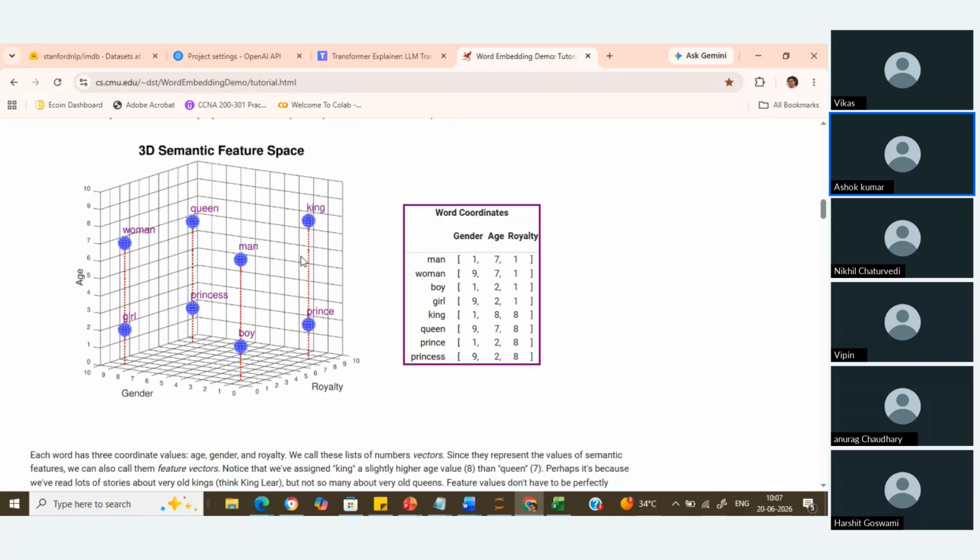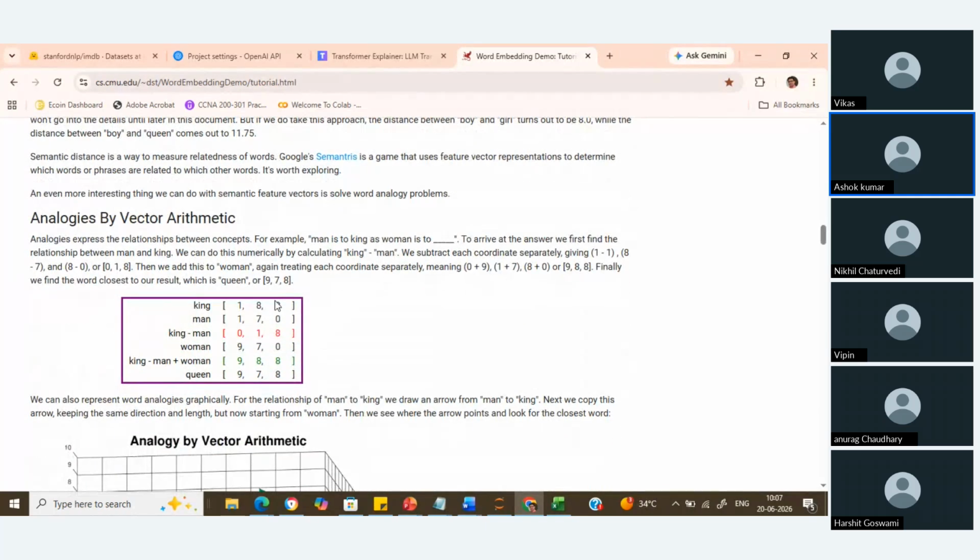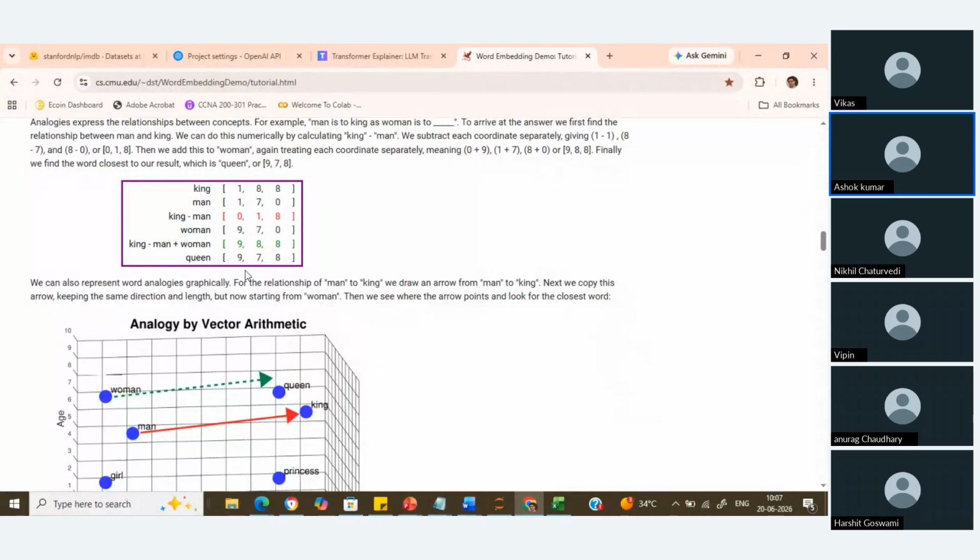If the things are there in multi-dimensional vector space, and I just need to calculate the distance, where something is added and something is deducted, then I will be able to get the new information. This is what this particular example is trying to show. So I'm able to predict the queen information now.